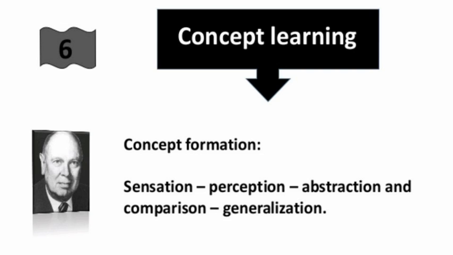And coming to the sixth step of concept learning, concept formation, sensation, perception, abstraction and comparison, generalization, all these things will be made over in the brain. A perspective, an idea can be created, a concept will be formed during the sixth step.